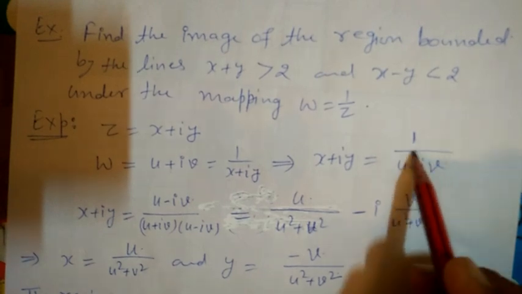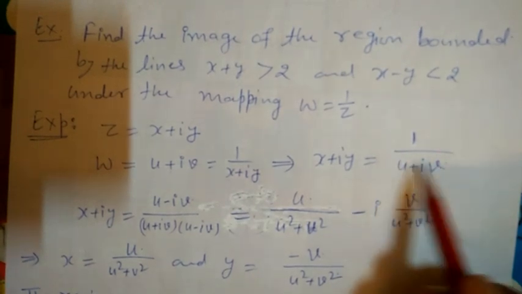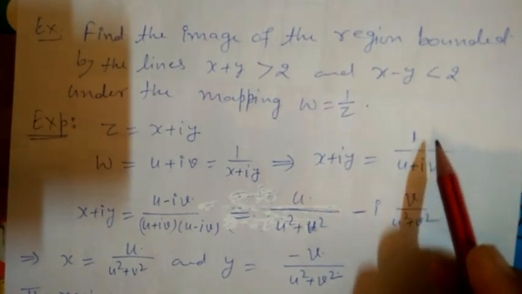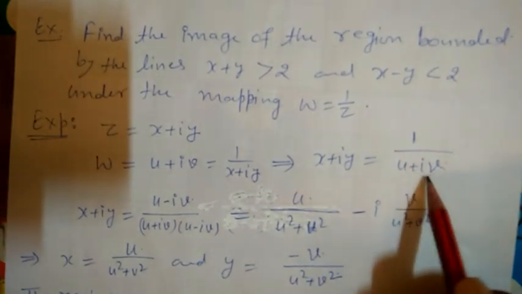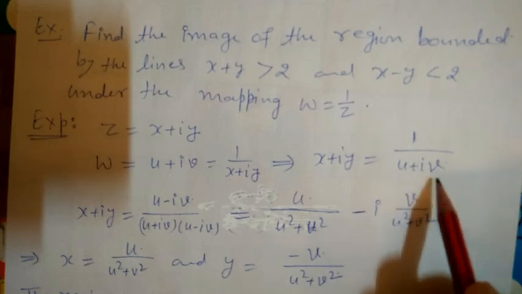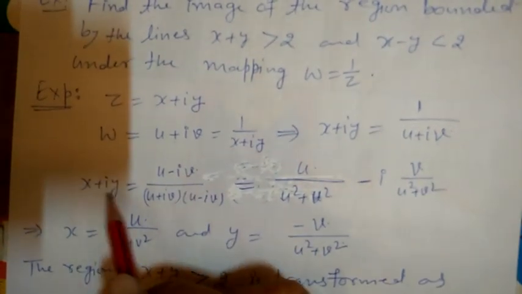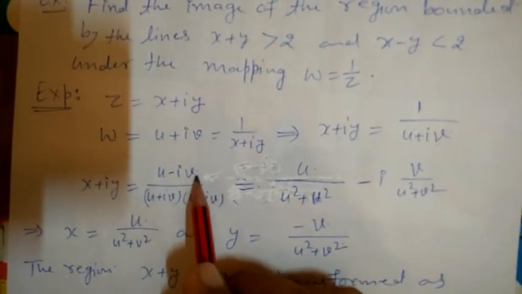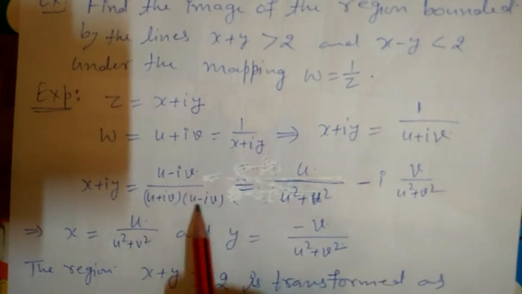In the denominator is a complex part, so in that case we multiply the numerator and denominator by the conjugate of u plus iota v. So x plus iota y is equal to (u minus iota v) upon (u plus iota v)(u minus iota v).